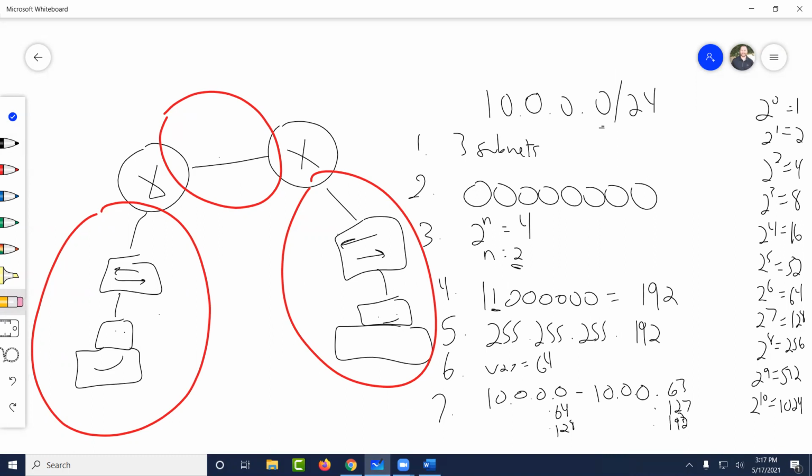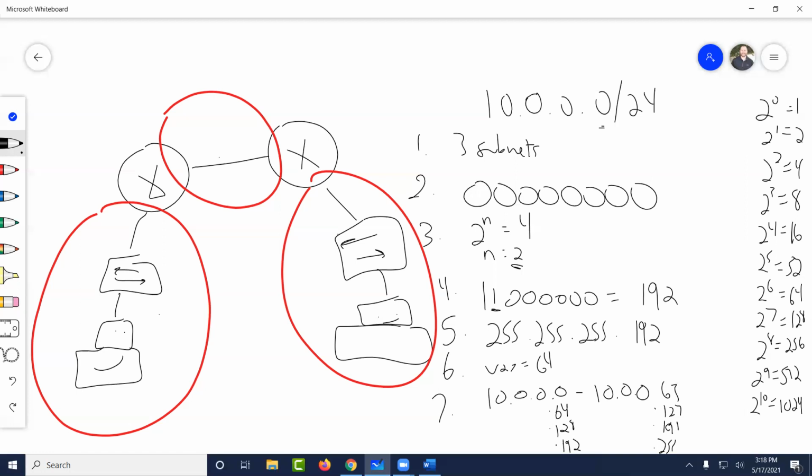My mistake. I'll show you how I knew immediately that I made a mistake. So 63, 127, 191, and then 192 to 255. You'll notice everything on the left-hand side is even, everything on the right-hand side is odd.